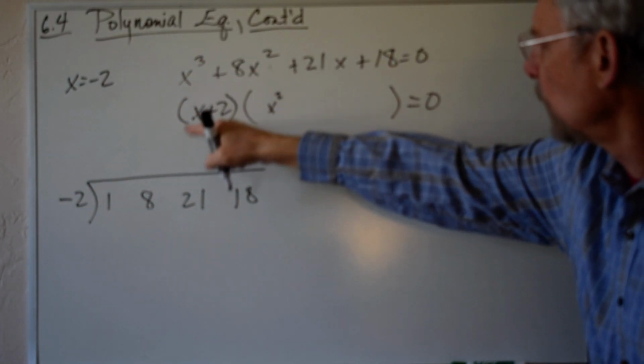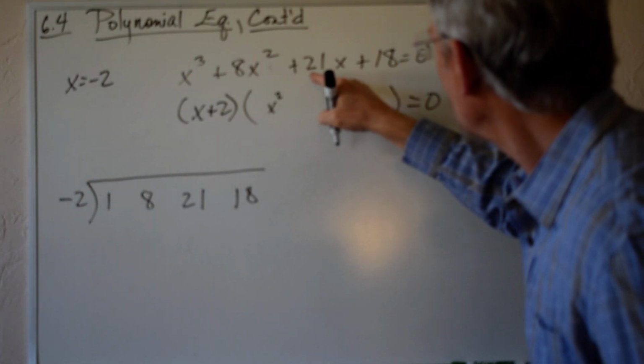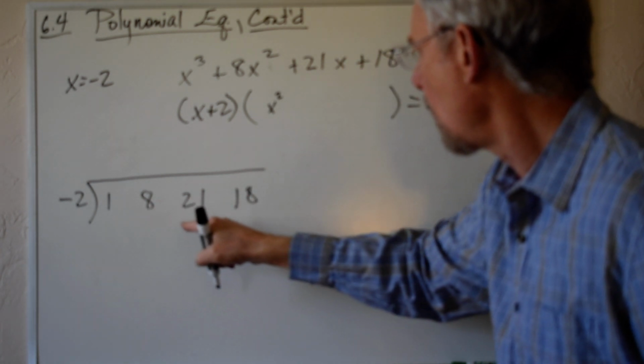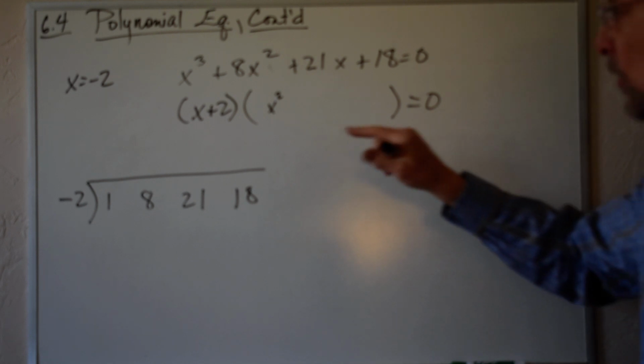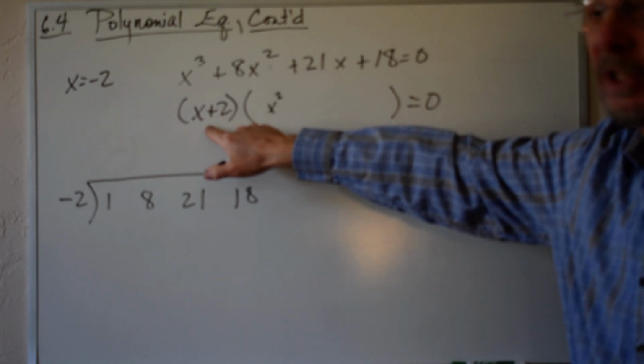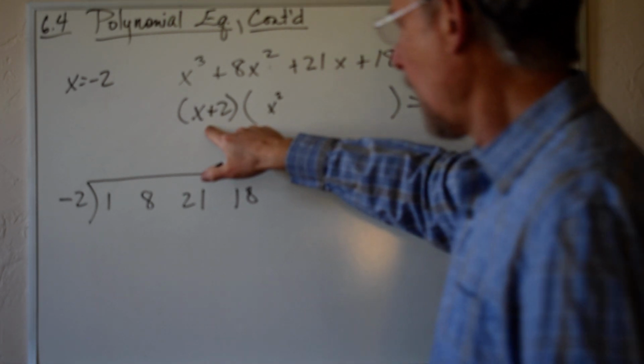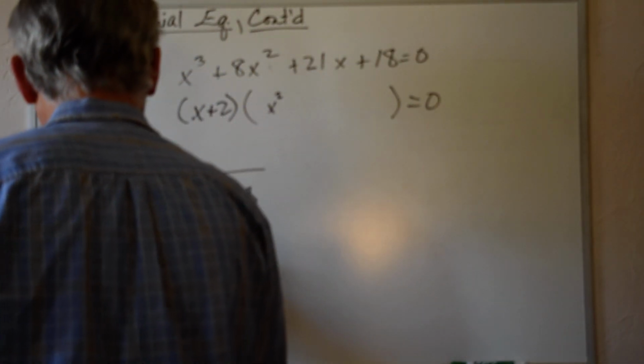Right, there are my coefficients, 1, 8, 21, 18, there they are. Let me do the synthetic division and just double check that this is in fact a factor.